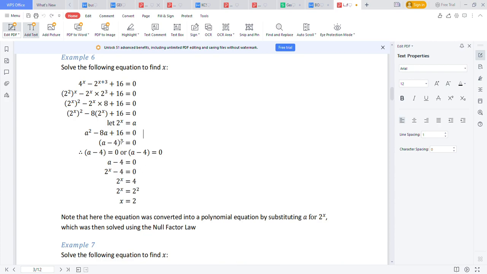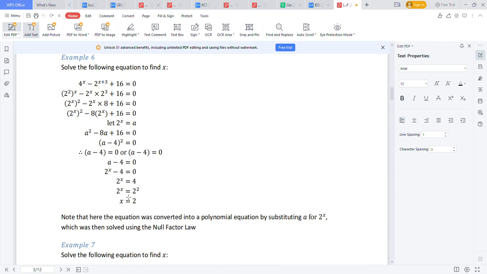But remember, we said a is equal to 2 raised to power x. So therefore, if a is equal to 4, then we are going to simply substitute here. So we are going to have 2 raised to power x is equal to 4. Remember, we said let 2 raised to power x be a, and a we have gotten to be 4.